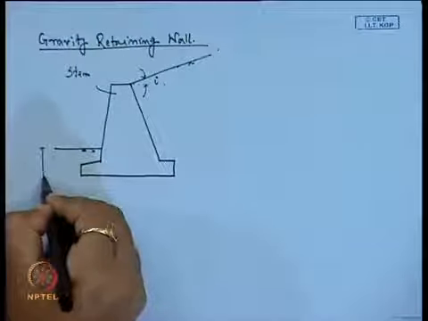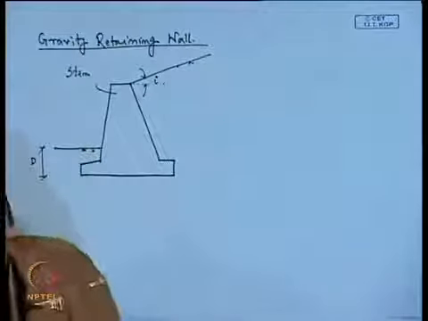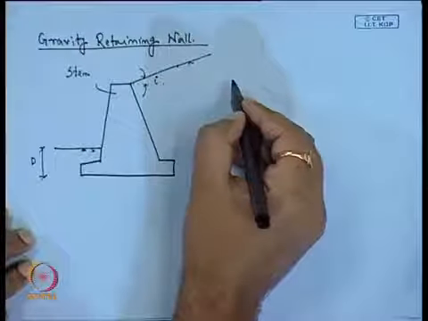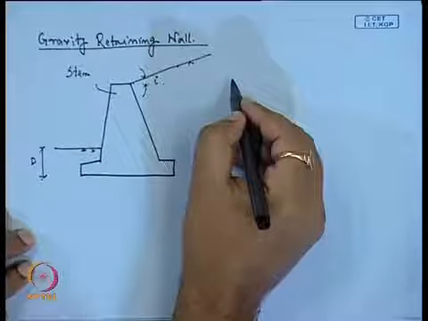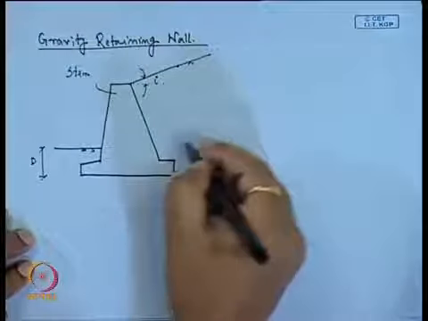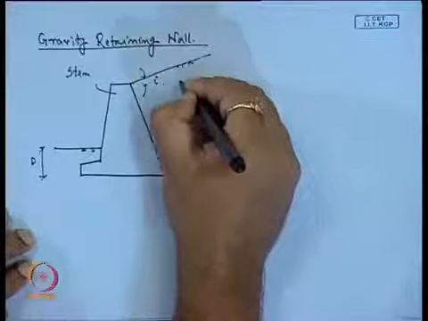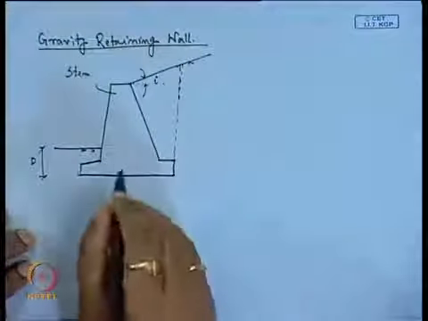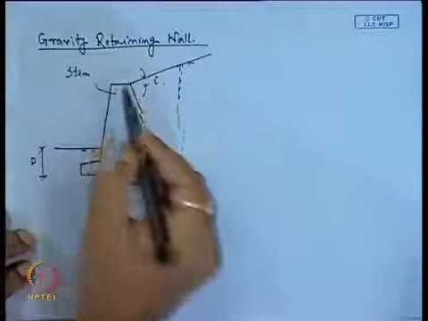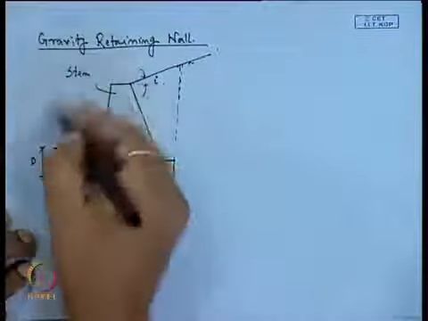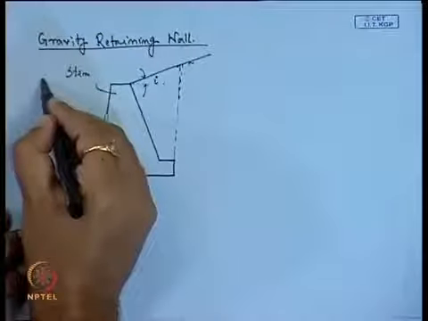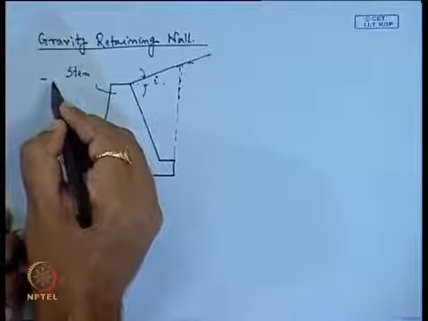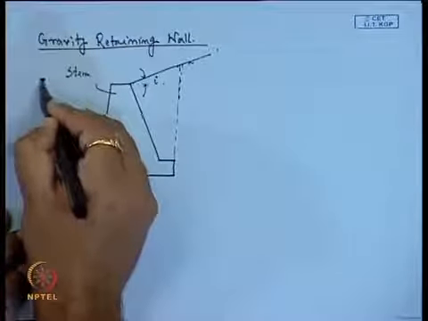Now, say this is the depth of the retaining wall D, and if I consider the vertical line along this face, then this height of the retaining wall is h, say. So, this is the height of the retaining wall h.